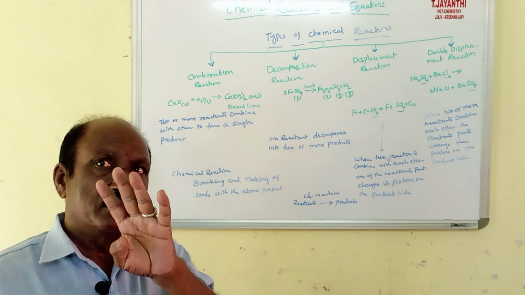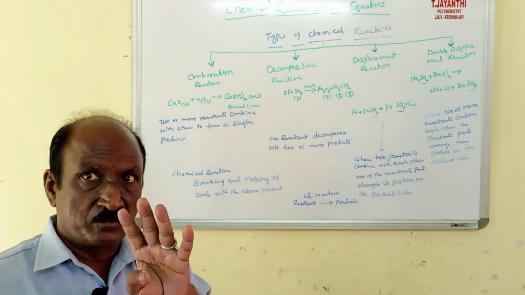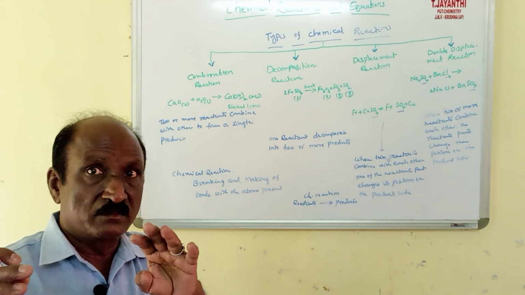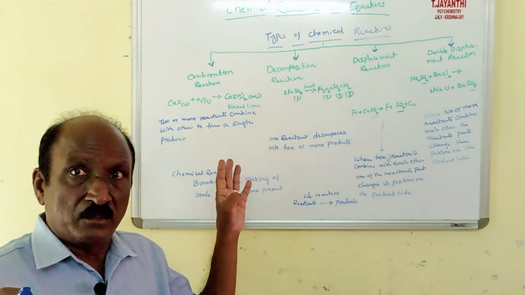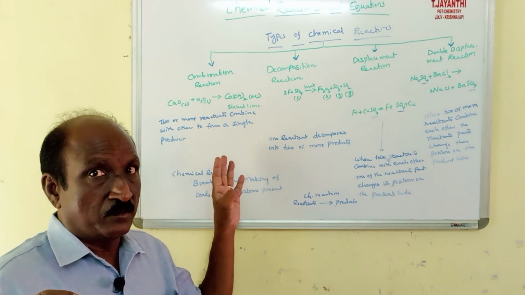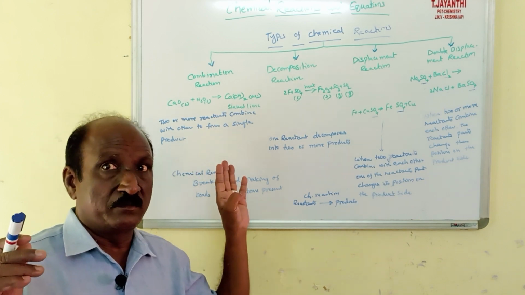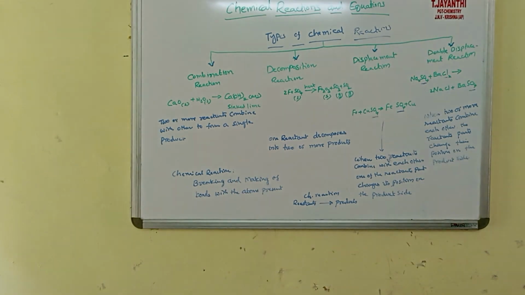The definitions you should try to learn by heart, or if you got the concept from me, it is somewhat better instead of following the by-heart process. Okay, thank you.